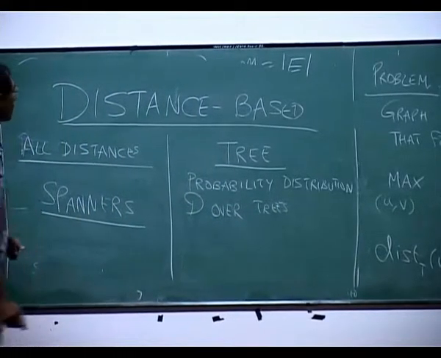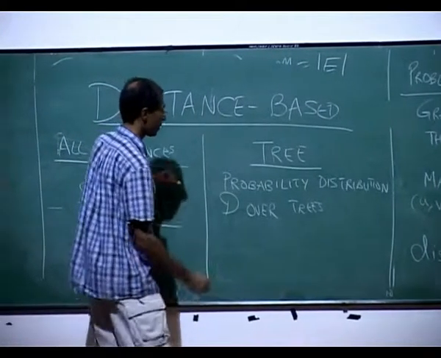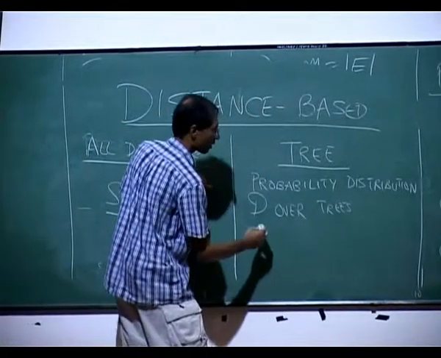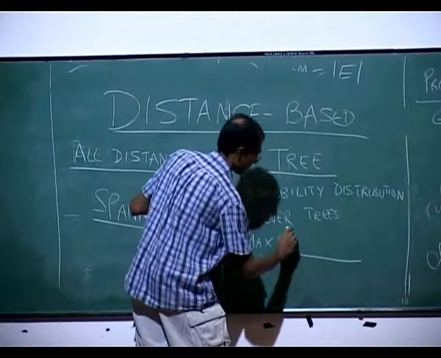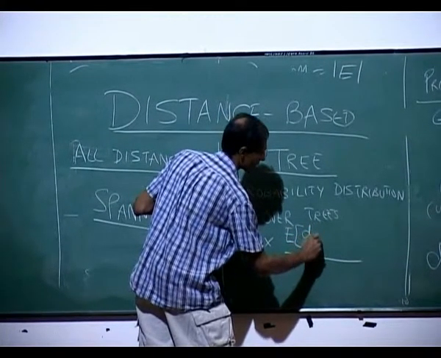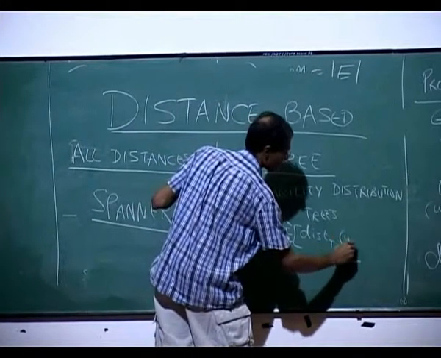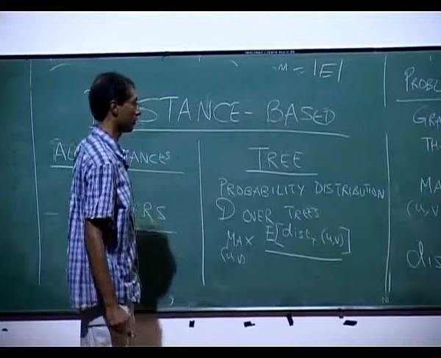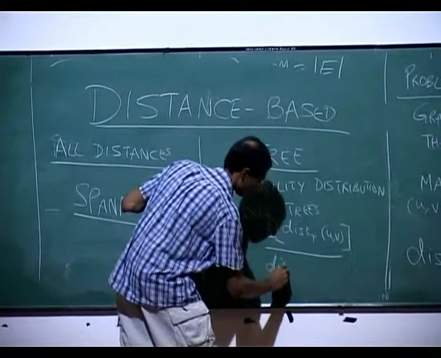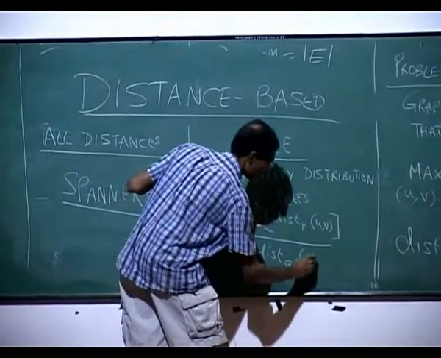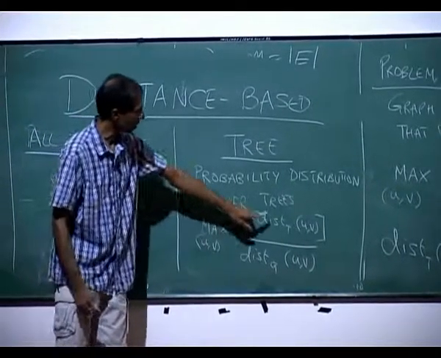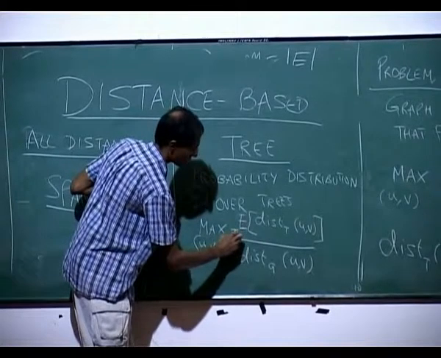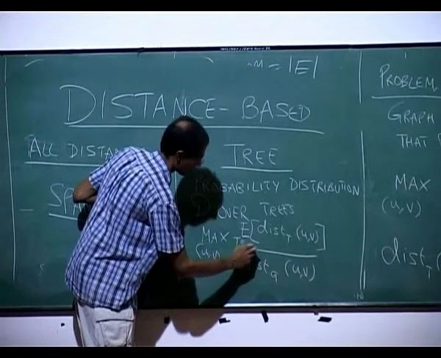And what I would like you to do is make your max over u, v of the ratio of the expected dist_T(u, v) over dist_G(u, v) small, where this expectation is over the trees T drawn according to the distribution.